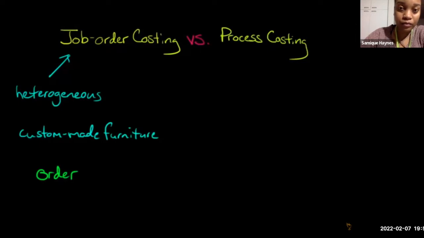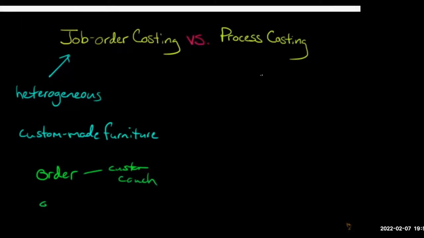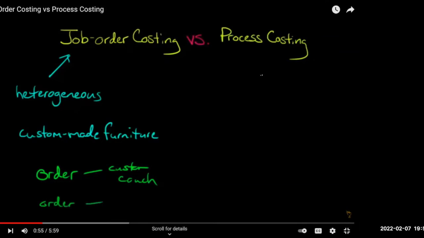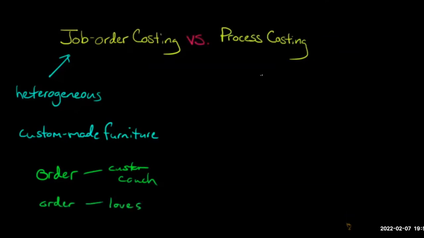So it's not going to be that we're shipping out the same kind of product all the time, right? So this order might be for a custom couch, and then we might have another order for custom love seats, right, or a table.